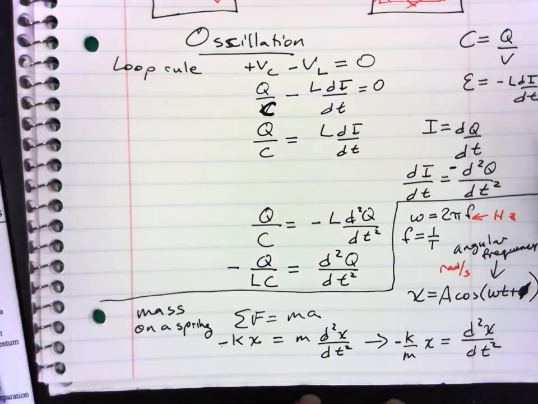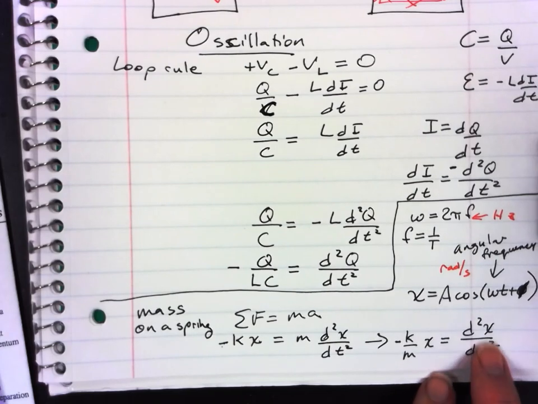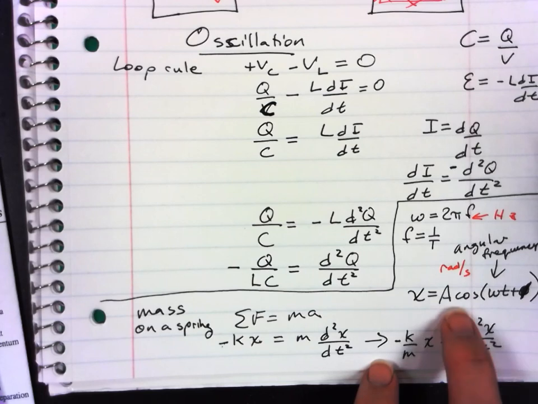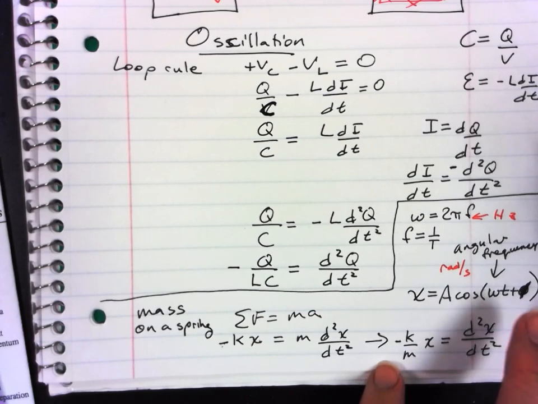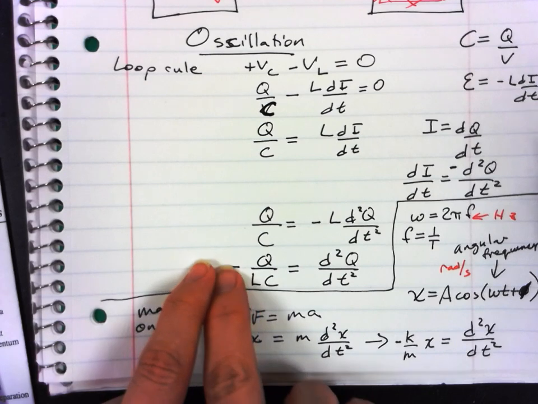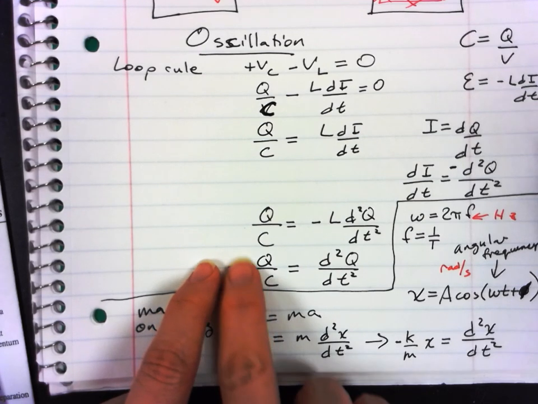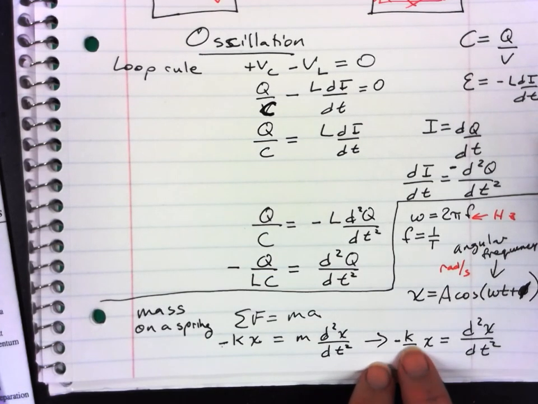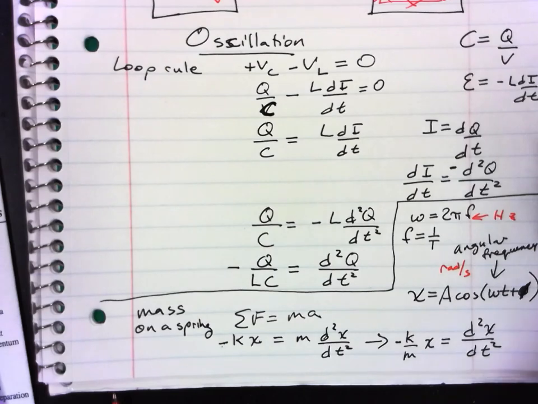So, a very brief first semester review. The reason I bring this up is because notice we have the second derivative of something, and a negative and a constant, and this was our solution. So if we match this up, we have the second derivative of charge equals negative something times Q. Omega was this part here, k over m, for this situation.